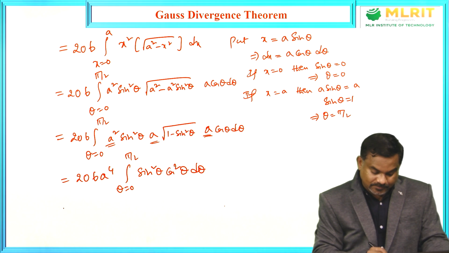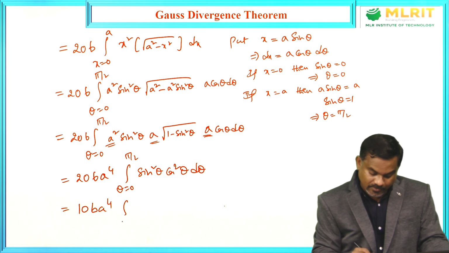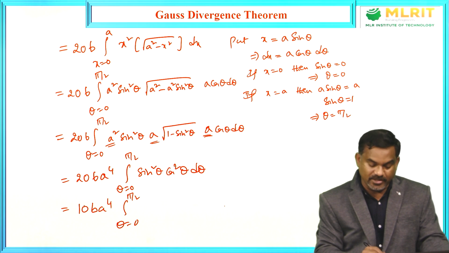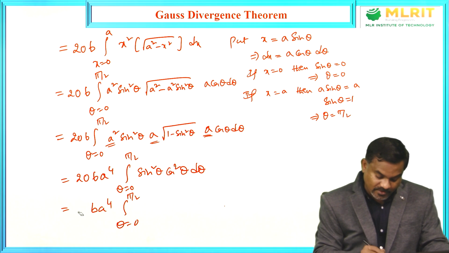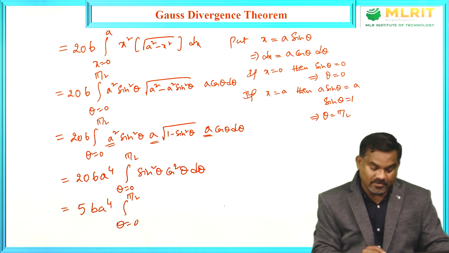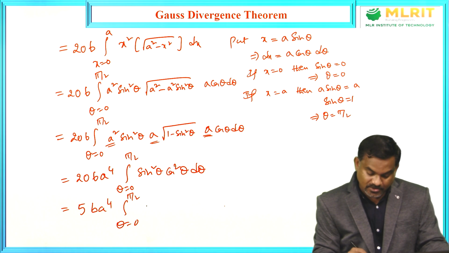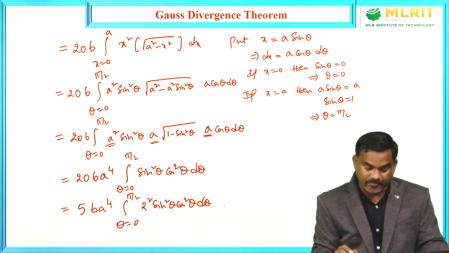So which is 10 into b a power 4, theta equal to 0 to pi by 2. Let us write this 20 as 10 into 2. So actually we need 5 into 4 is 20. So I'll write this as 2 square sin square theta cos square theta d theta.